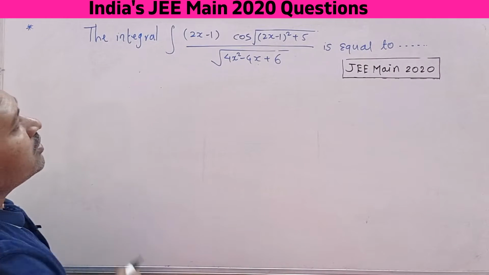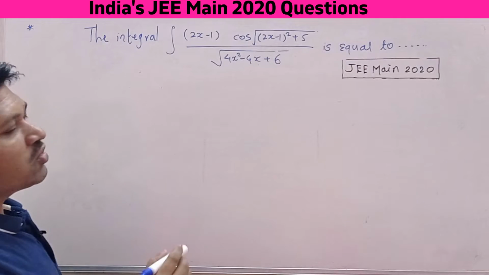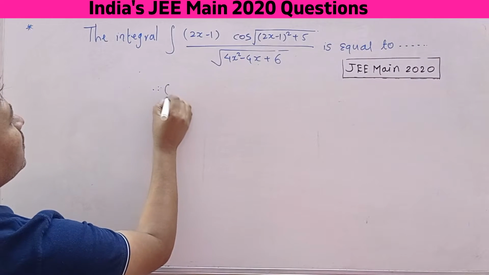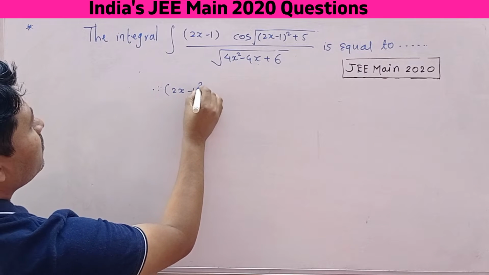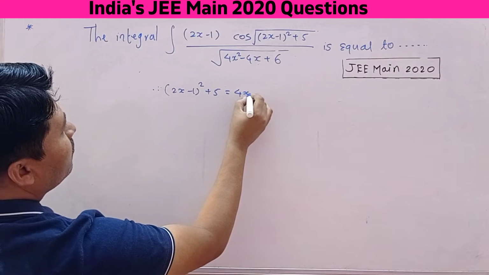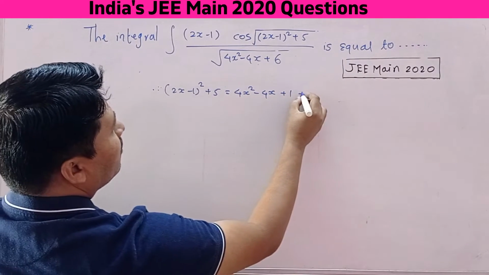Now observe this example. Here (2x minus 1) squared plus 5, we can simplify this term. This is the square, that means 4x squared minus 4x plus 1, and plus 5.